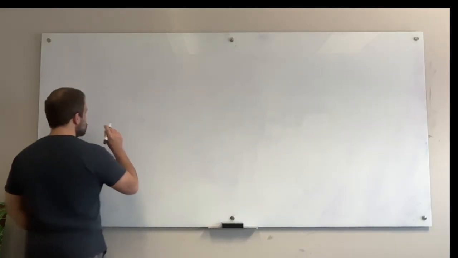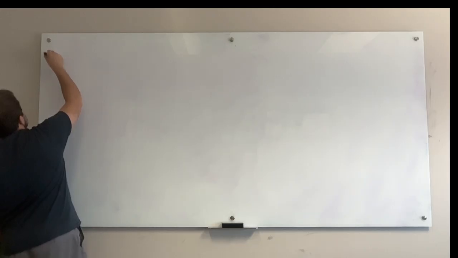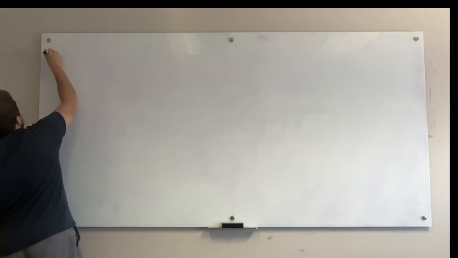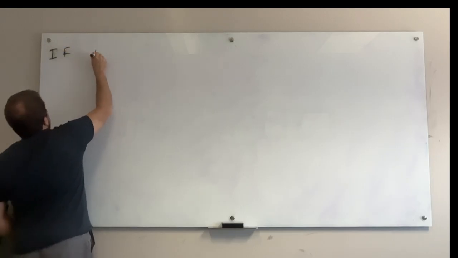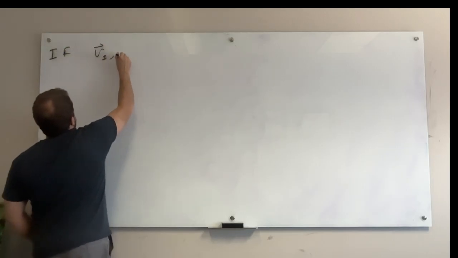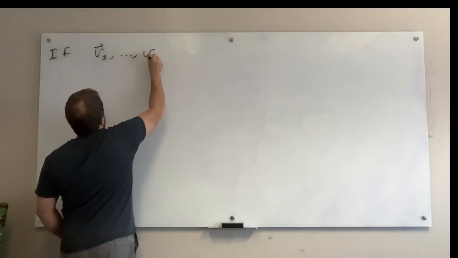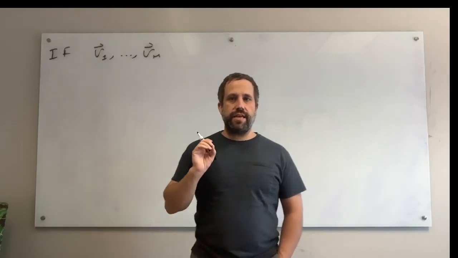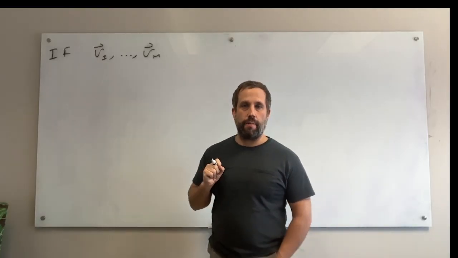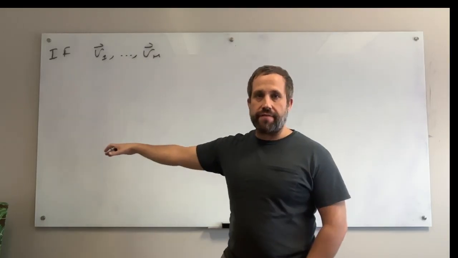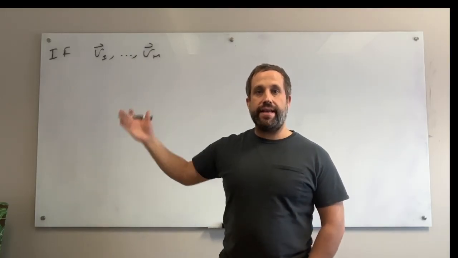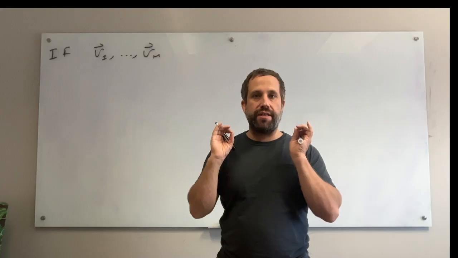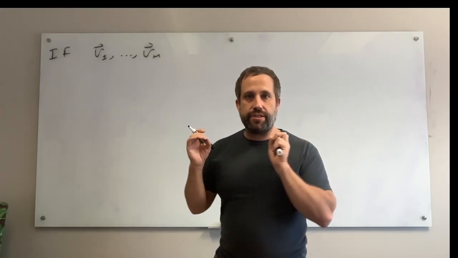Okay, so there's going to be several definitions. So if we've got some vectors, v1 through vm, and for now, I'm just going to imagine that these are in n-dimensional complex space, but all of the definitions I'm making here are going to work for any vector space that you want to think about. I just want to keep things a little bit concrete psychologically in n-dimensional complex space.